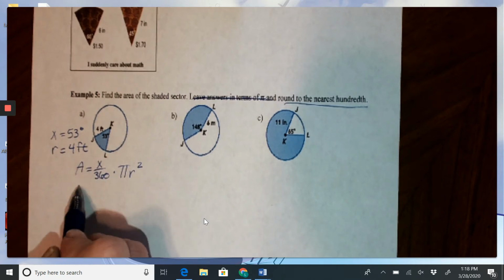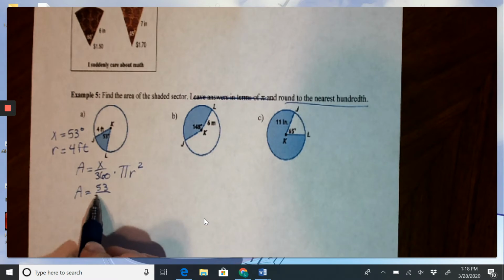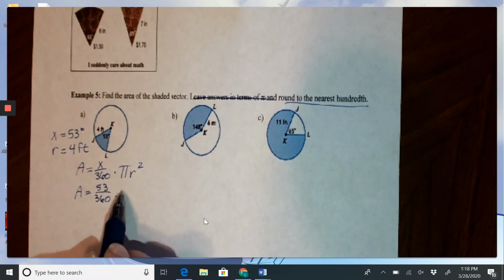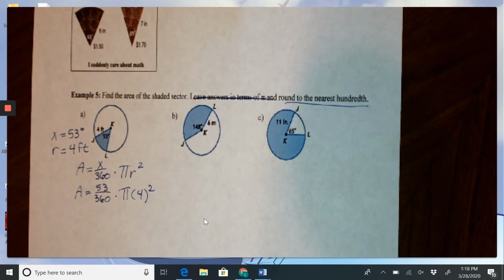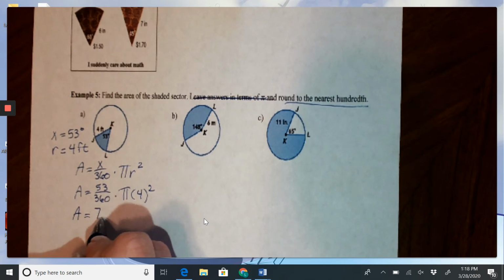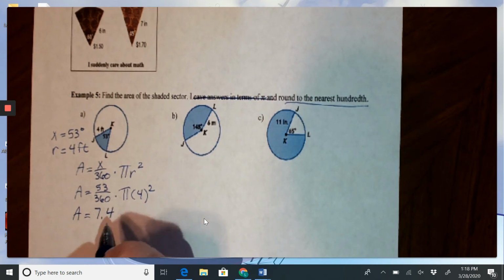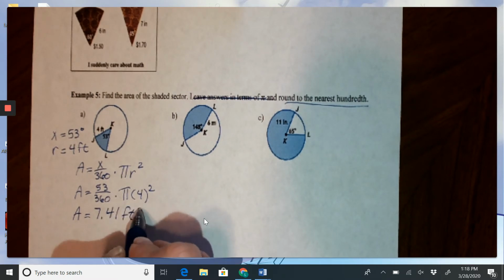So plugging into our formula, that's 53 over 360 times pi times 4 squared. Now, this we will just put straight into our calculator, and we get the area is equal to 7.4, rounded to the nearest hundredth, I think, is 7.41 feet squared.